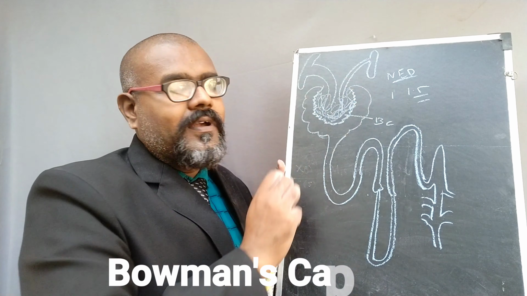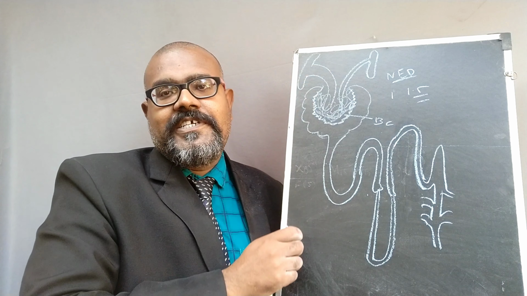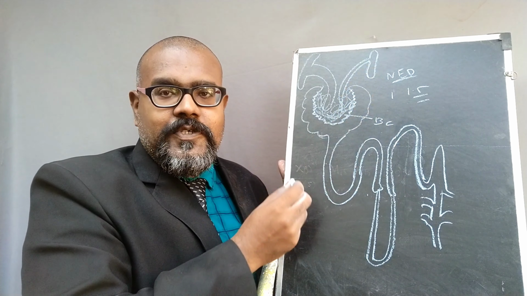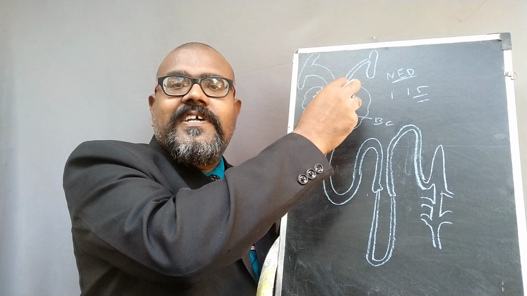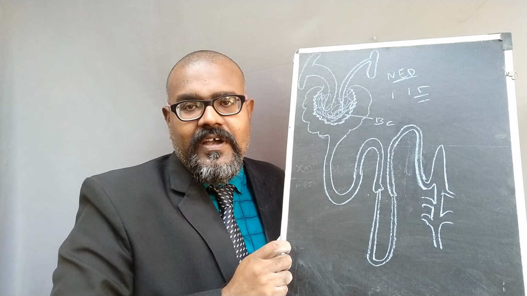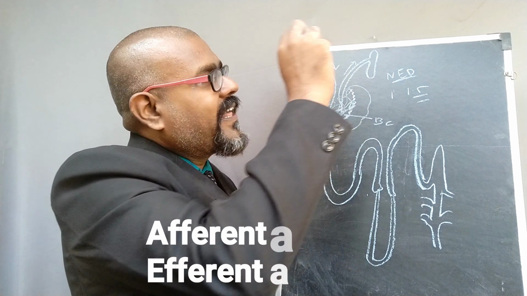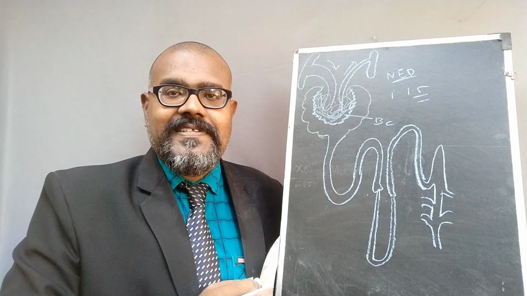Please remember, the Bowman's capsule is present in the cortex region of the kidney, that is the renal cortex region. In the Bowman's capsule, there are clusters of entry and exit blood vessels, called the afferent arteriole and the efferent arteriole. Arterioles are nothing but blood vessels.